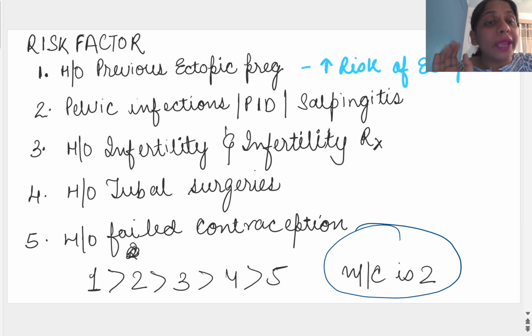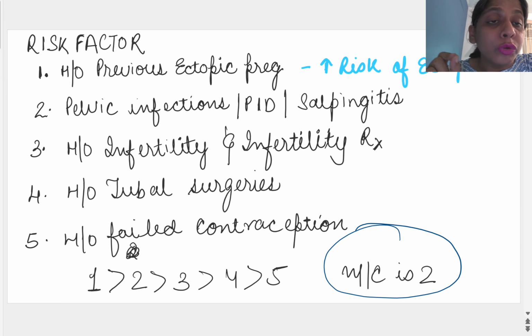You all know that fertilization occurs in the tube. The etiology behind ectopic pregnancy is tubal disease. There is some problem in the tube which is not letting the zygote move into the uterus and implant.